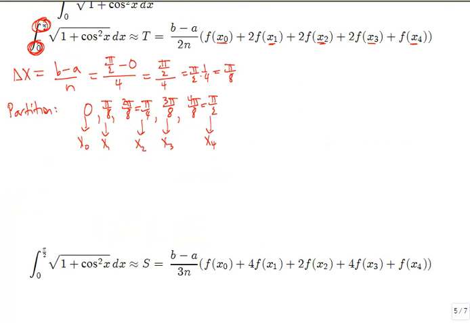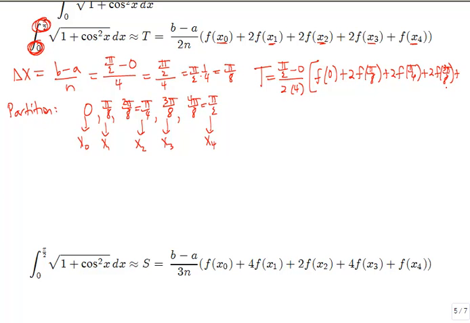So for trapezoidal rule, this becomes b minus a, so pi over 2 minus 0, over 2 times n, 2 times 4, times the bracket of the function evaluated at x sub 0, which is 0, plus 2 times the function evaluated at x sub 1, which was pi over 8, plus 2 times the function at x sub 2, which was pi over 4, plus 2 times the function at x sub 3, which is 3 pi over 8, plus the very last one does not have a 2 in front, and that's just f of pi over 2.